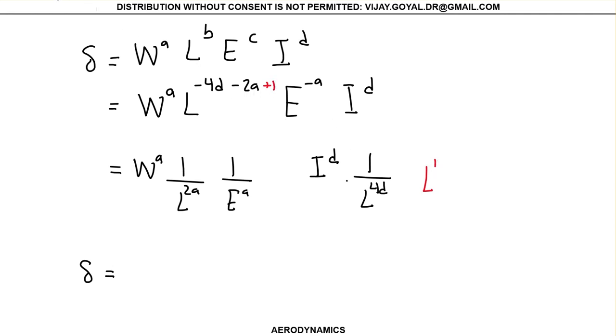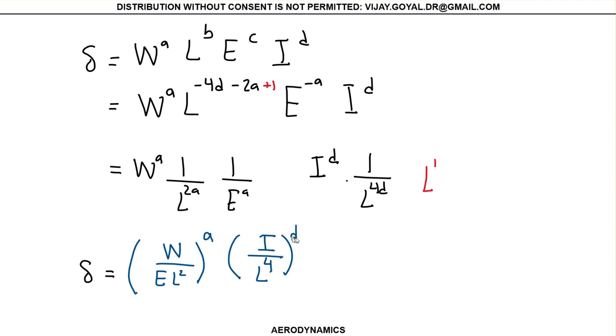Okay, so now we combine the terms and we have W over E L squared, to the A, I over L to the 4th, to the D, and we have an L. We could take this L and bring it to this side as well, or bring delta to this side, and we could further say delta over L is going to be a function of I over L to the 4th, comma W over E L squared.